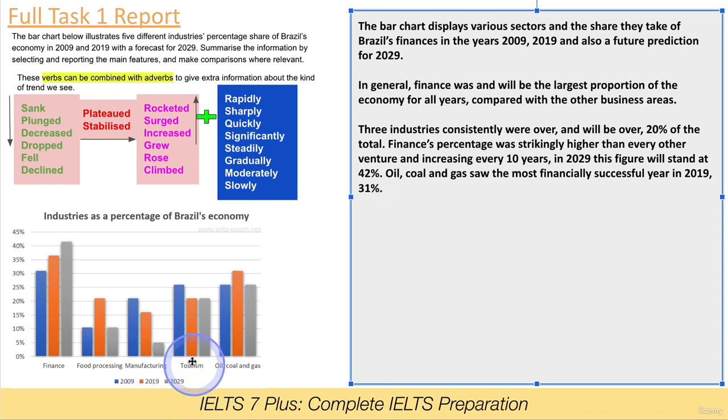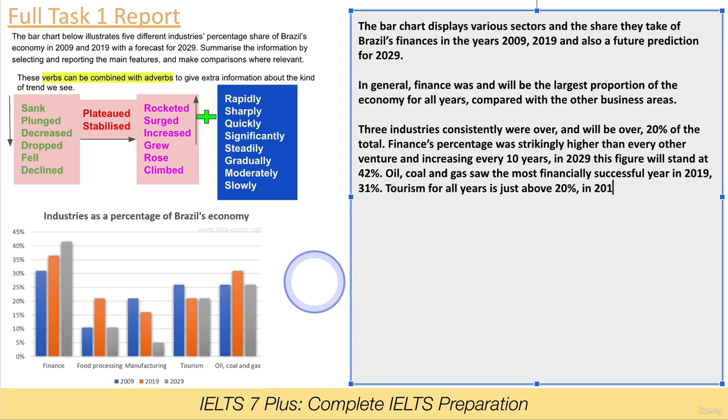Okay, and then we could talk about tourism and how it's at 21, and this doesn't look to change in the future. Tourism for all years is just above 20%.